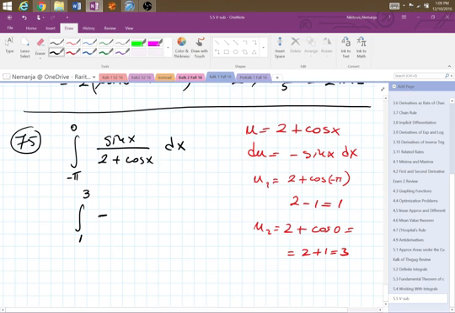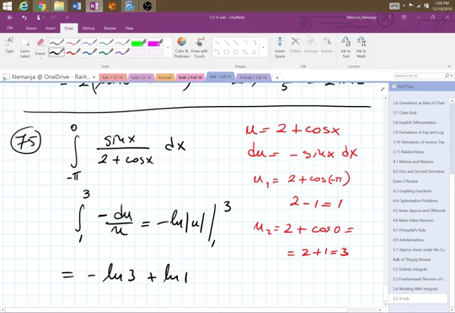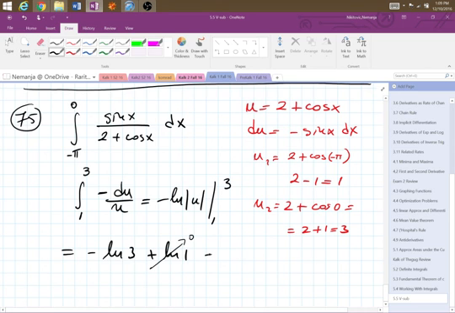Negative du over u. Very good. So that will be negative ln absolute u from 1 to 3, which is negative ln 3 plus ln 1. This one goes to 0. So ln of 1/3.